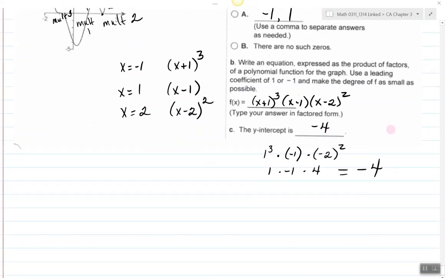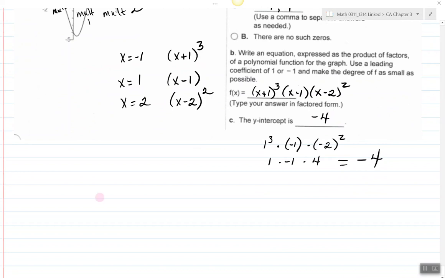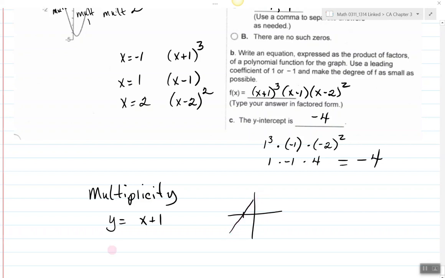The only thing that I think might deserve a little clarity, if you're talking about multiplicities, what if we were looking at y equals x plus 1? If it has a single multiplicity, and that would be at negative 1, it's just going to pass through it.